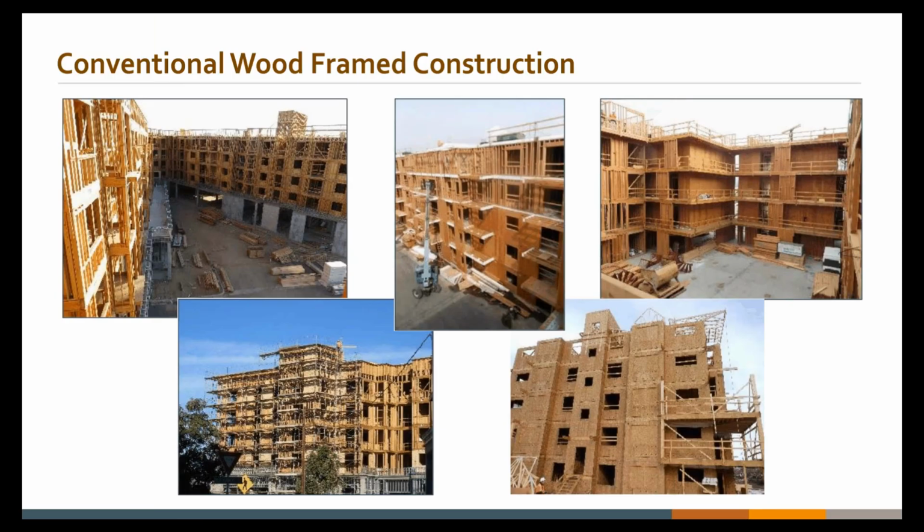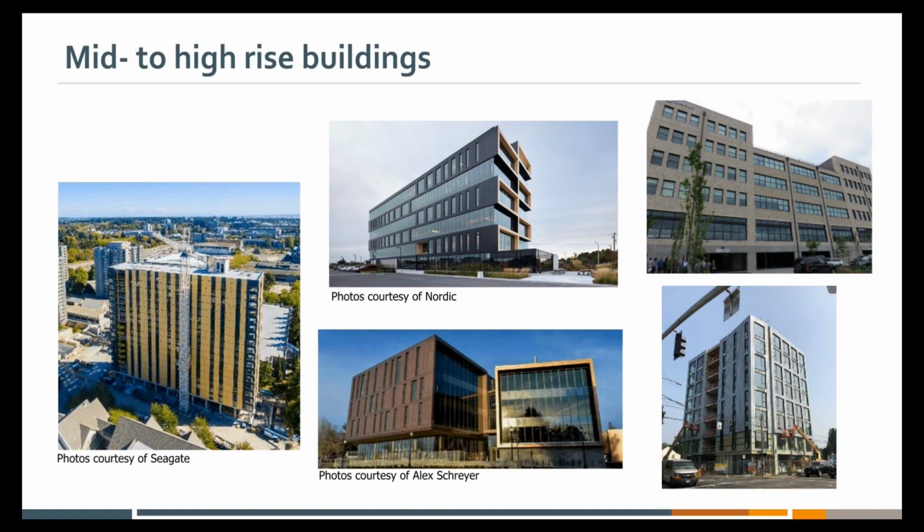So just an overview. This is what we are probably most familiar with, which is conventional wood construction, wood frame construction, where we have all individual pieces that come together to create a building. Whereas mass timber, as I mentioned previously, is elements of solid wood construction.